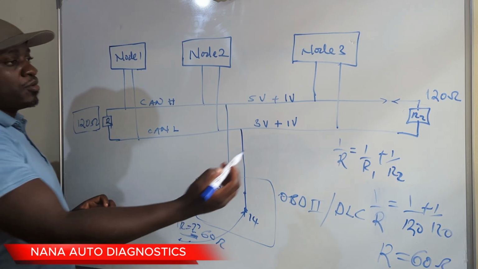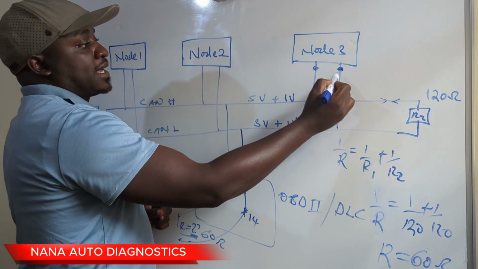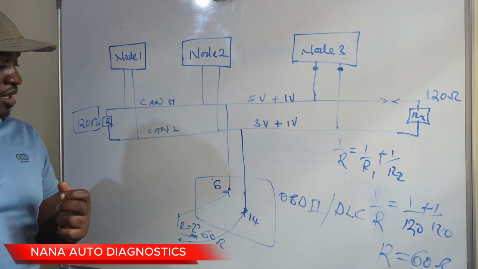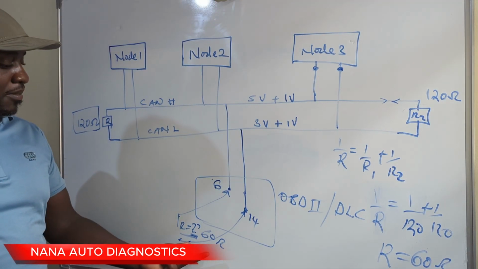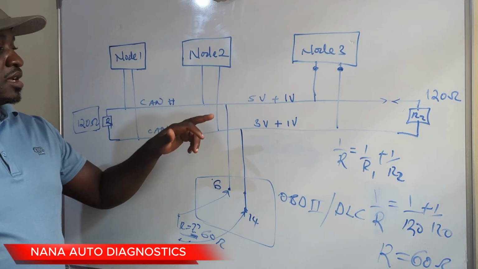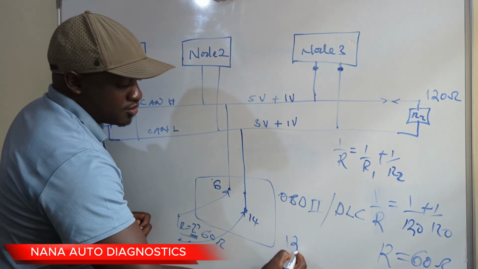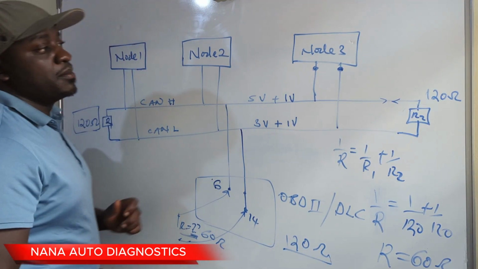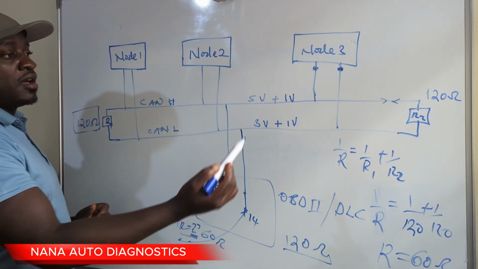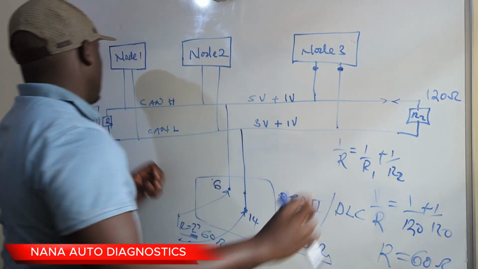Or if you remove one of the modules and also measure at CAN high and CAN low, you always have 60 ohms. So what will be the implication if you end up with 120 ohms when measuring between CAN high and CAN low? If you obtain 120 ohms, it implies that a module that is containing one of the terminating resistors is not being recognized on the network.